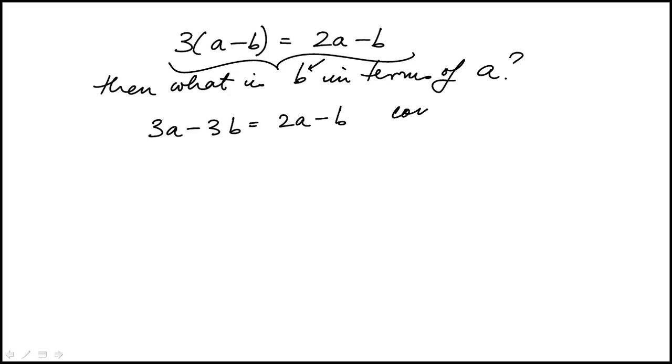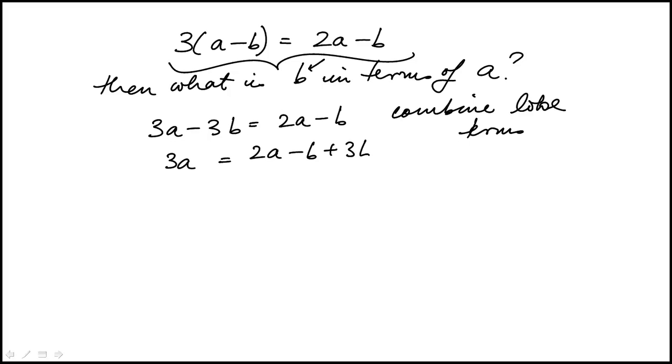So that in general should be your strategy, combine like terms. So a terms with a and b terms with b. So I'm going to add 3b to both sides. This becomes 3a, and then 2a minus b plus 3b, and that becomes 2b. And then I'm going to subtract 2a from both sides.